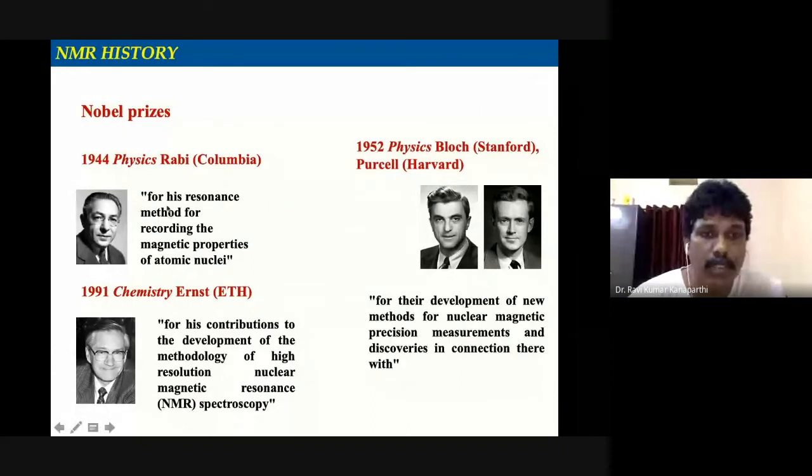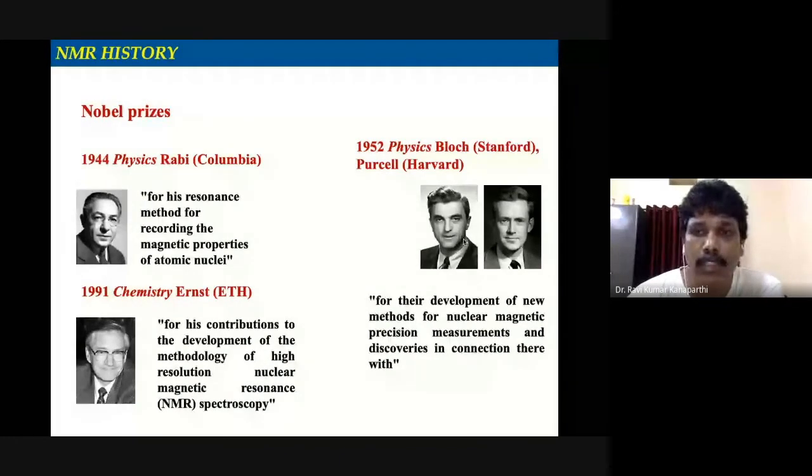He is the first man to develop this atomic nuclear resonance concept, for which he was awarded the Nobel Prize. And then these two people, Purcell and Felix Bloch, both of them experimentally measured the resonance, molecular resonance, for the first time, for which they were awarded the Nobel Prize in 1952.